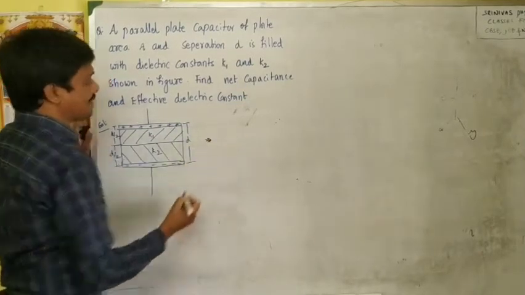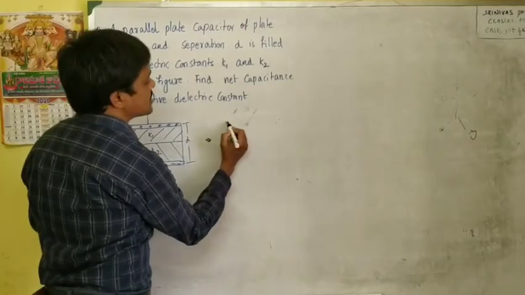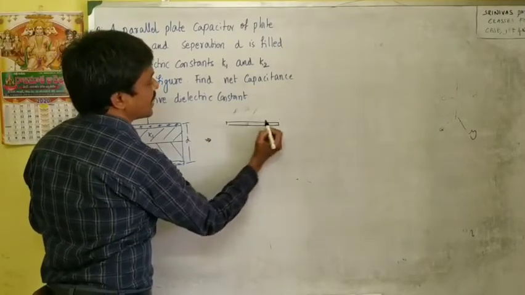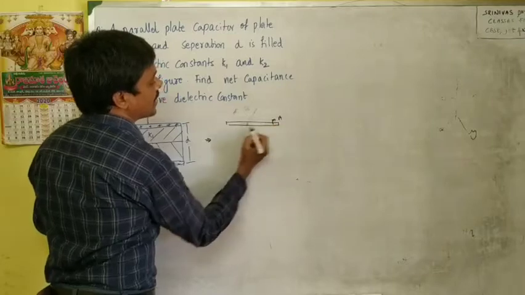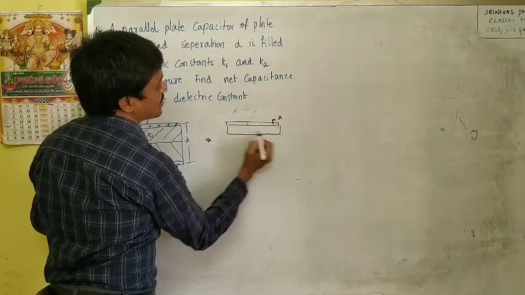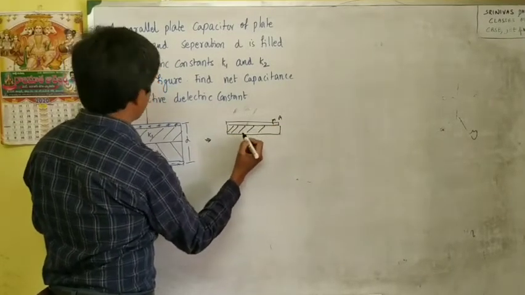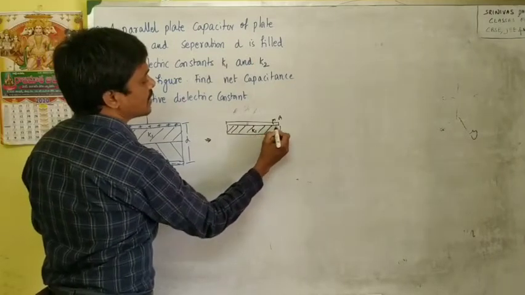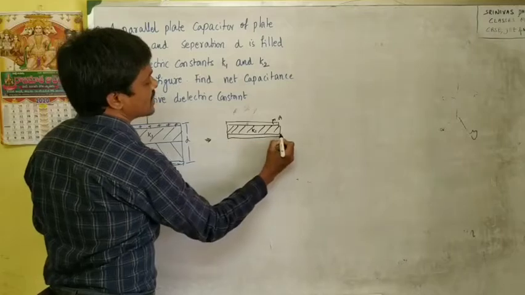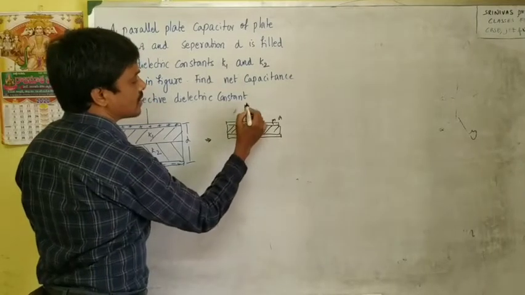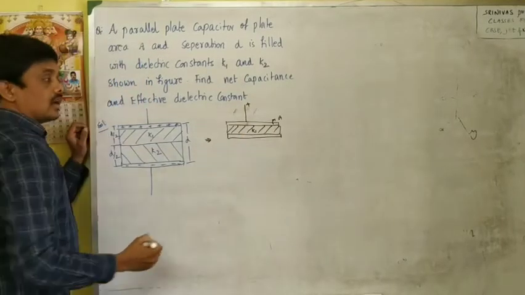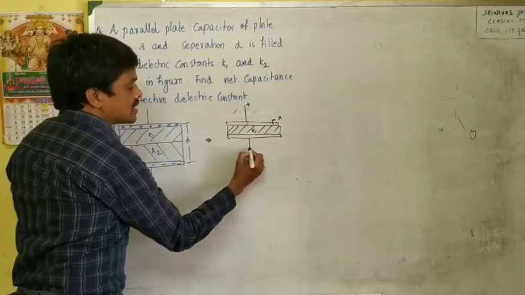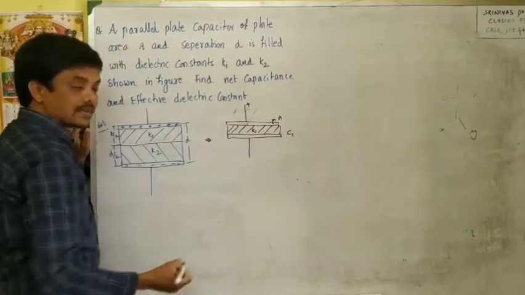Now let us see, and I will redraw this diagram like this. The plate area is A, and the first dielectric substance has dielectric constant K1. This we can take as the first plate, and this capacitance we can consider as C1.